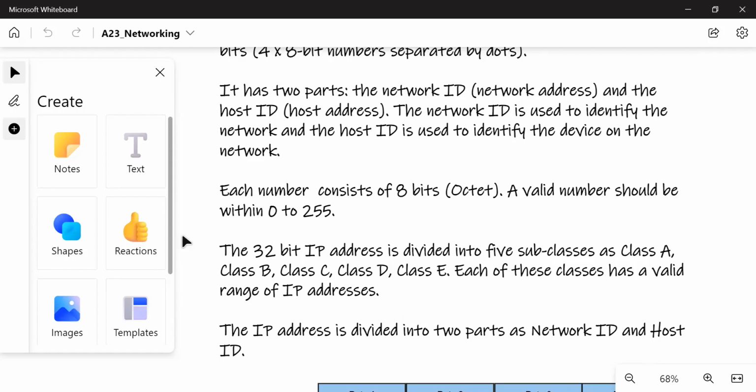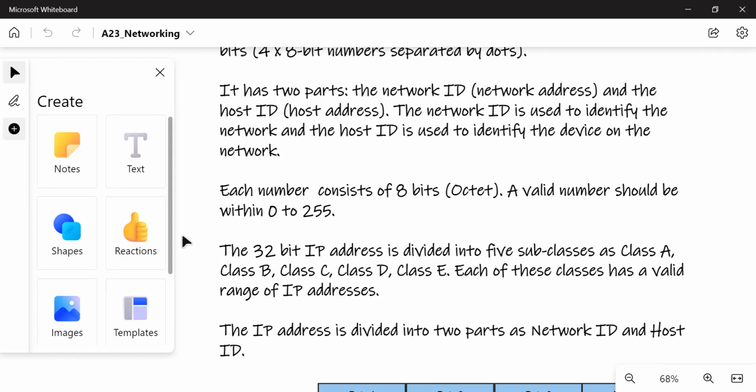Now, when it comes to different networks, when you are creating different networks, we could talk about 5 subclasses. Now, this is the old version.